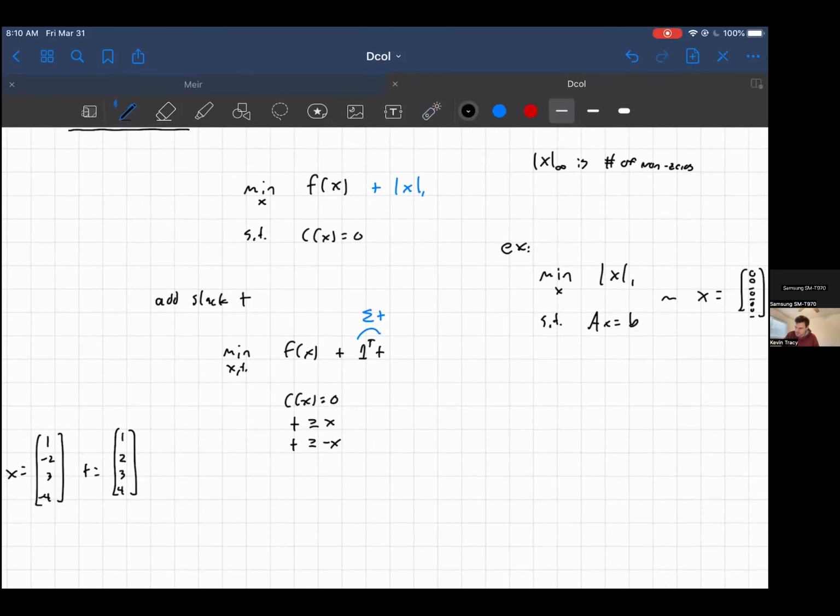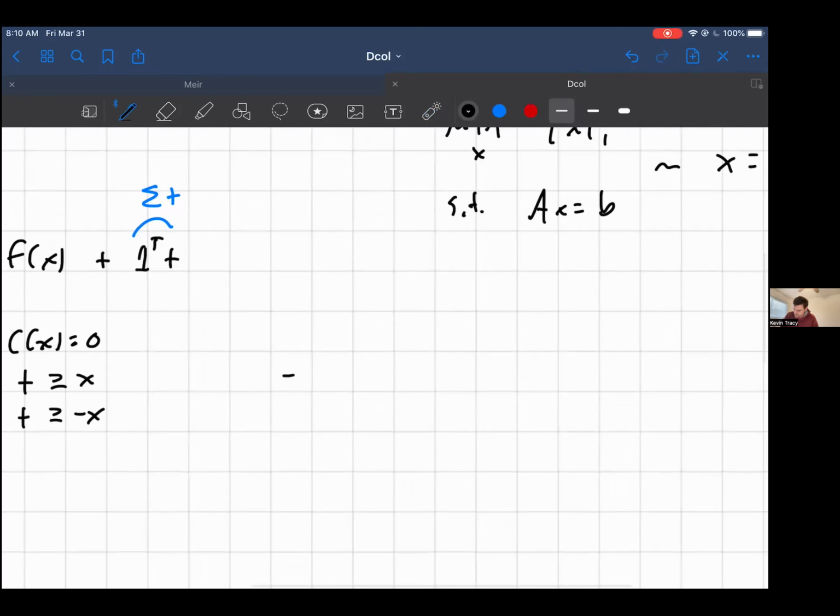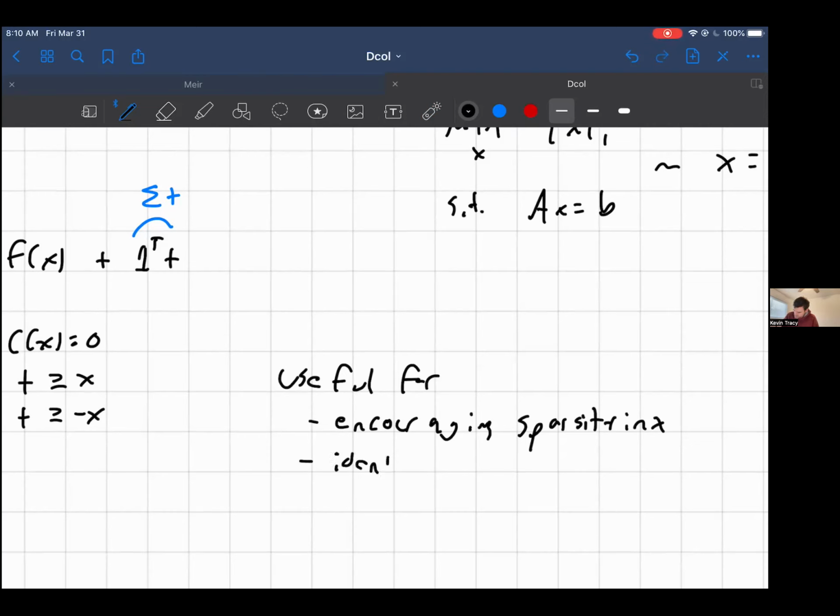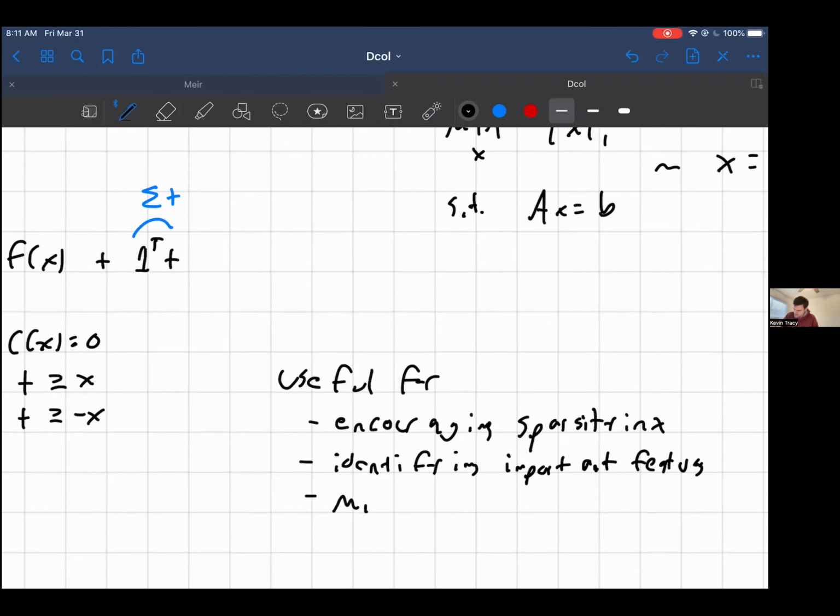Yeah, and then I'll just make one note about how useful this is: useful for encouraging sparsity, identifying important features, min fuel, and actuator number use.